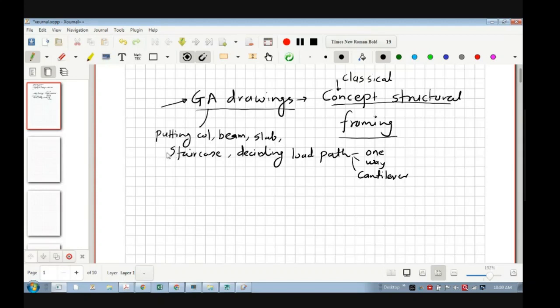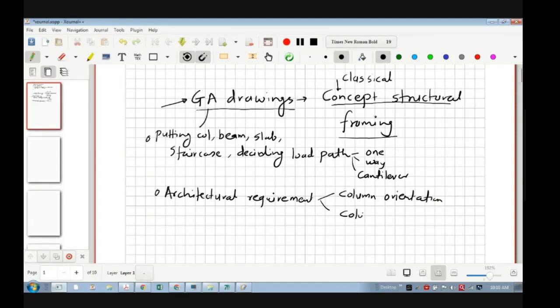There is one more point, that is architectural requirements. So understand the architectural requirements also. Architectural requirements may be column orientation, or it may be column size. Sometimes architects are suggesting us some specific size for aesthetic purpose.